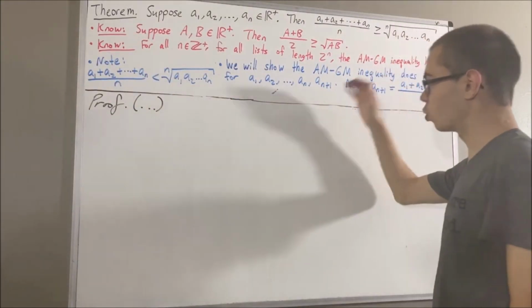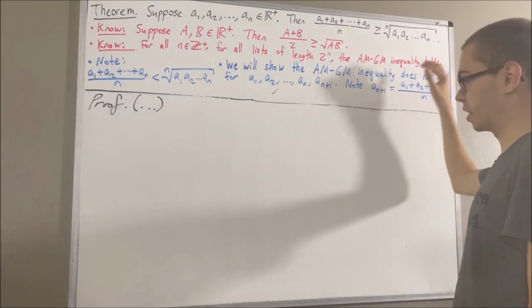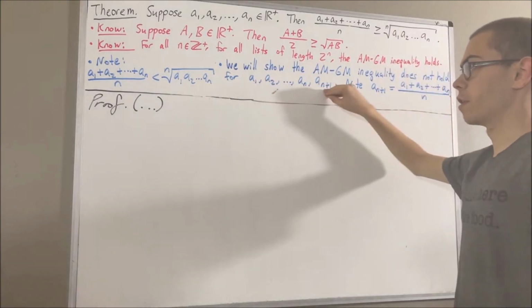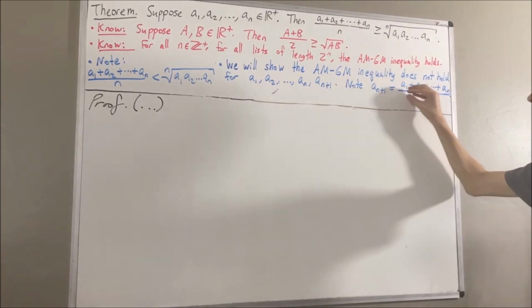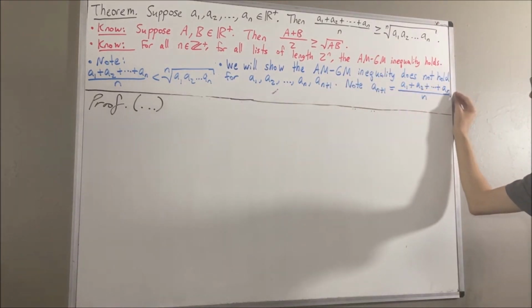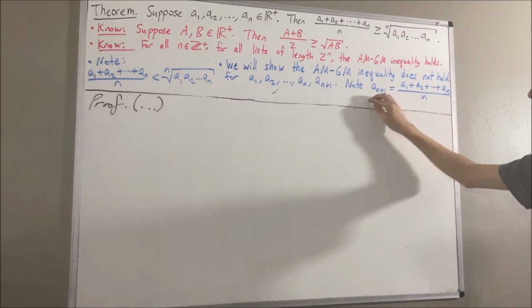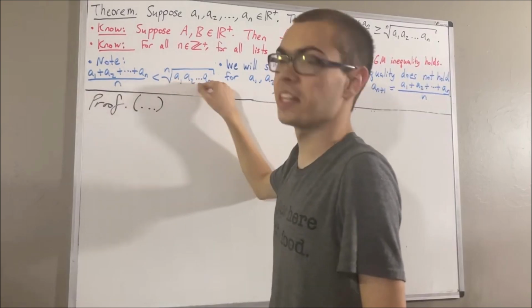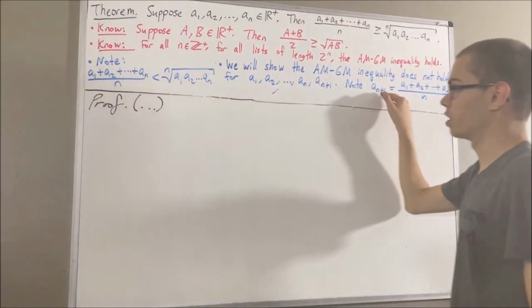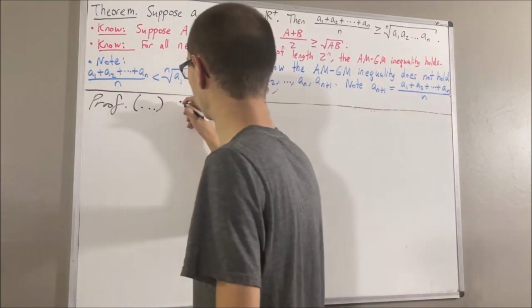Now remember, we want to show that the AMGM inequality does not hold for the list a1 through an plus 1, where an plus 1 is defined to be this value. Well, first of all, since an plus 1 is equal to this, which is less than this, we have that an plus 1 is less than this.